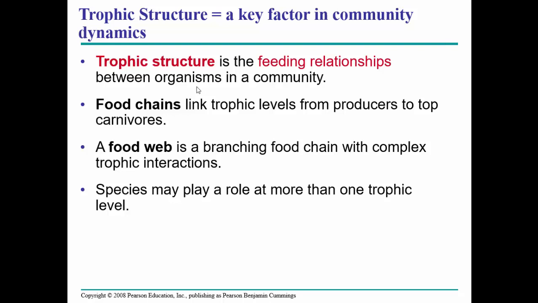That is a food chain, but a food web is the combination of food chains, so it's more complex, consisting of many food chains. That is a food web. In many cases, species can play roles that are very interrelated, so one organism can be in many food chains in a food web.